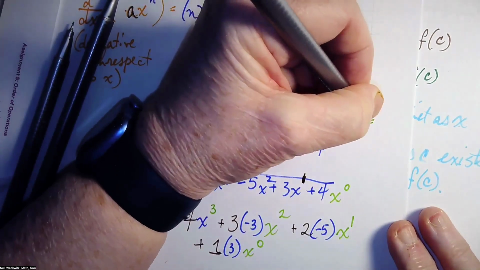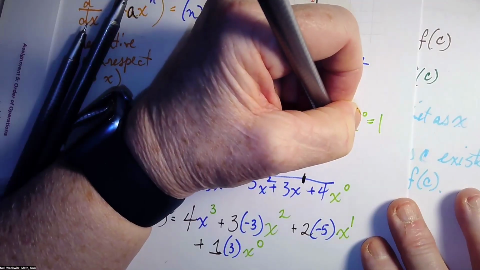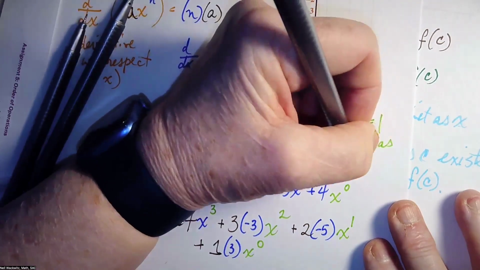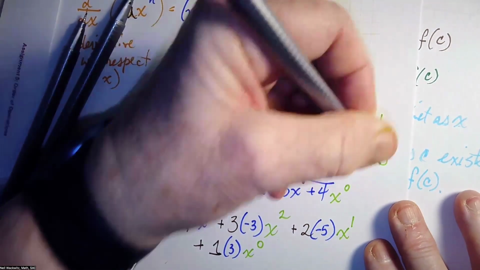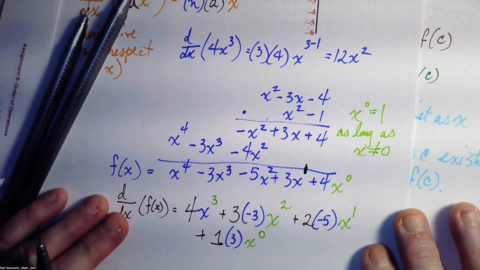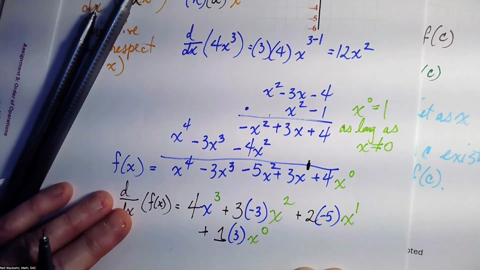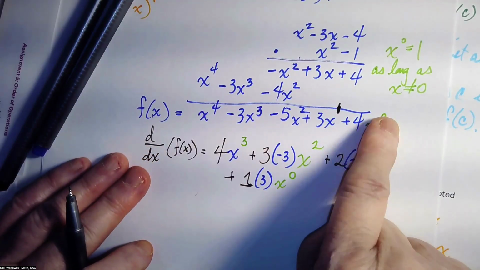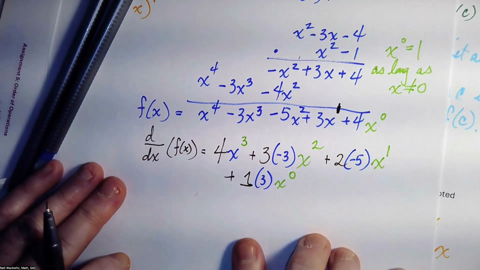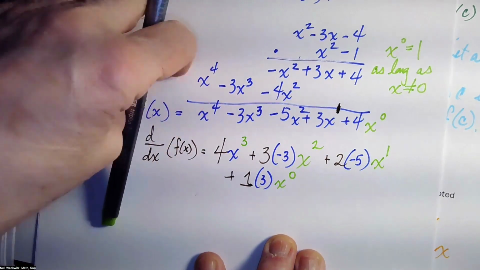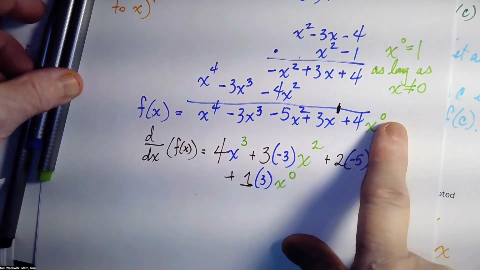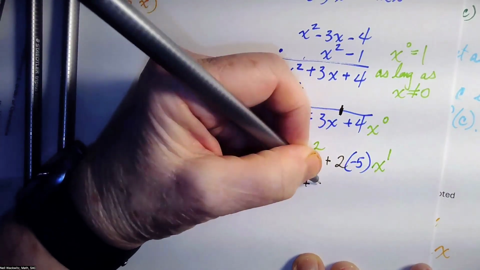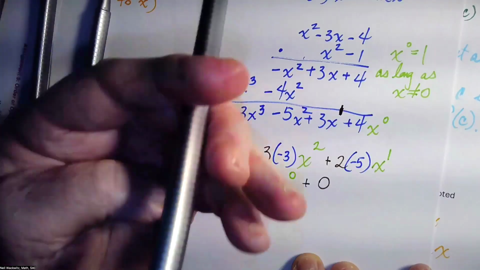X to the 0 equals 1 as long as x isn't 0. 0 to the 0 is not defined, but every other number raised to the 0 is 1. So I've got 4x to the 0, and that'll enable me to use the power rule. So our exponent, we're using brown for exponents, is 0. The coefficient is 4.